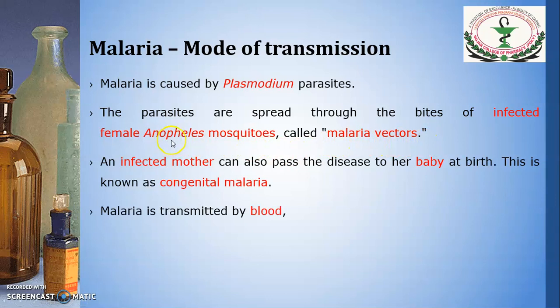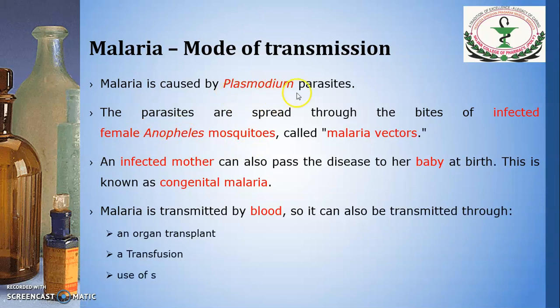Only the female Anopheles mosquito, and that too if infected by Plasmodium. So, the infected female Anopheles mosquito will spread the malarial parasite from one man to another man.